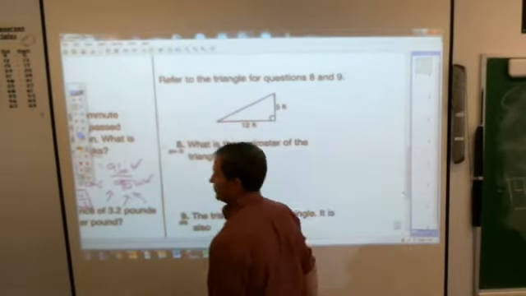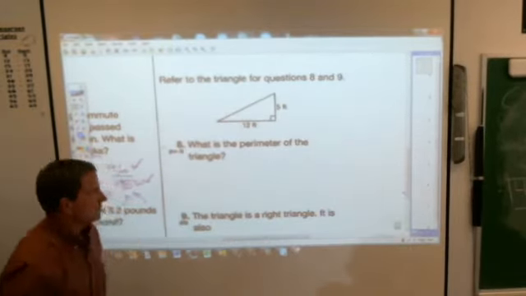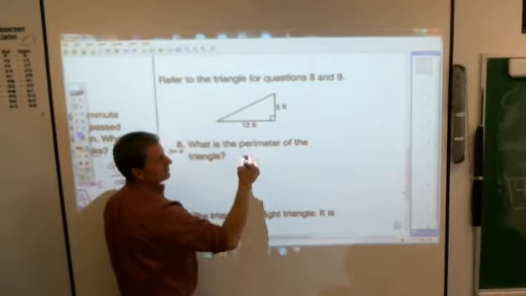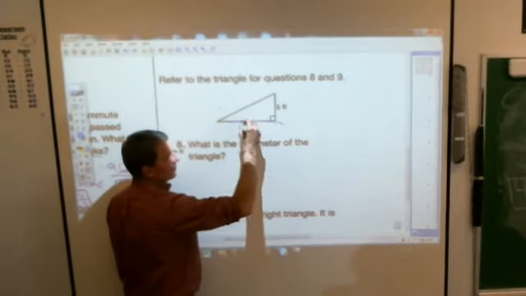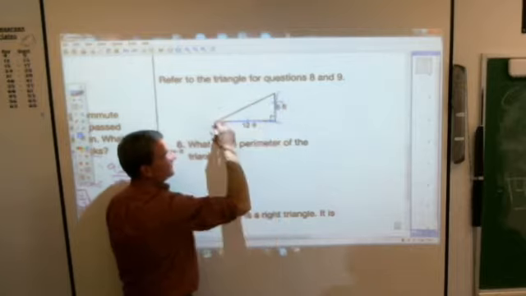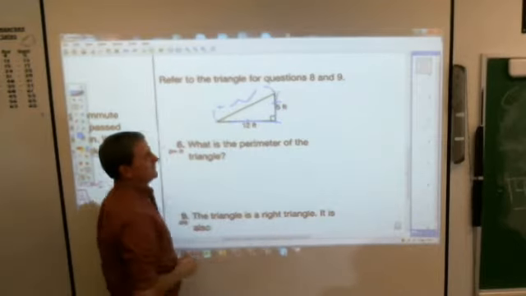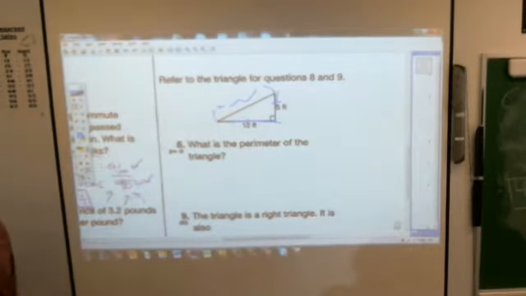The perimeter of the triangle, ladies and gentlemen, boys and girls, which means you have to add the distance around. This is 12. This is 5. I need to figure out what this is, but it doesn't give me that. Do I just quit? Do I hang my head and say I can't do this problem? No. I need to find what that line is. Fortunately for me, Braden, it is a right triangle, and anytime you think of sides and right triangles, you should think, area.